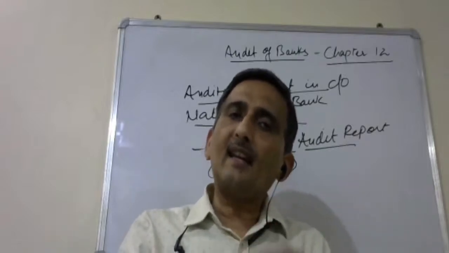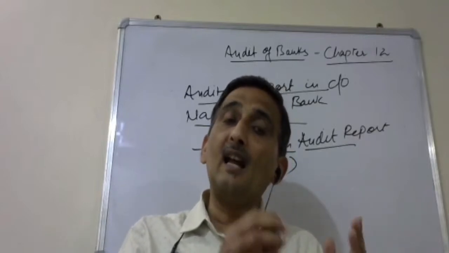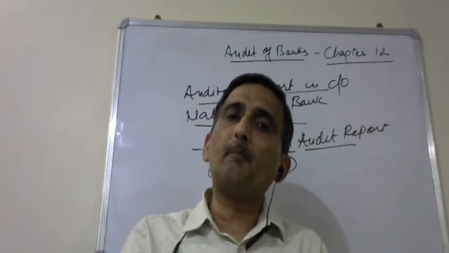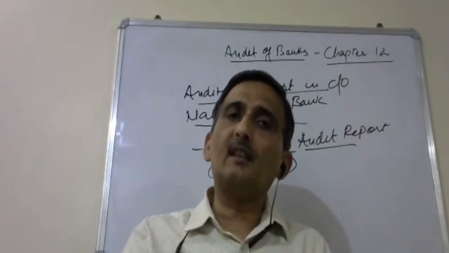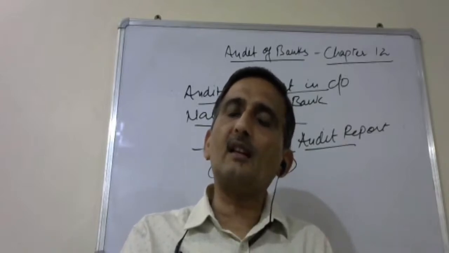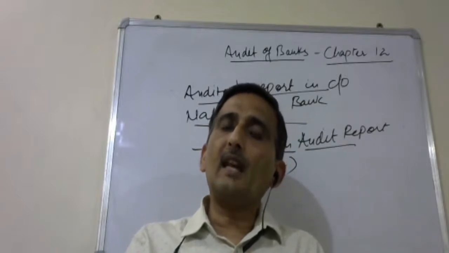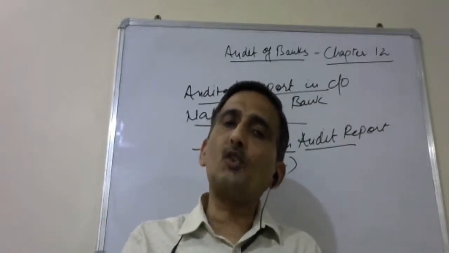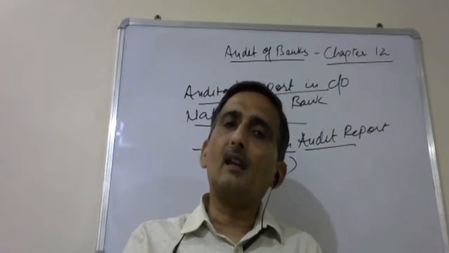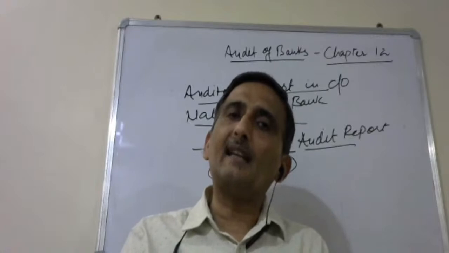It asks many questions to the auditor: whether he has verified this, what are the shortcomings on this aspect, whether NPAs have been identified properly in accordance with the RBI norms on asset classification, whether provisioning has been conducted, and it also asks questions on items of income and on liabilities.